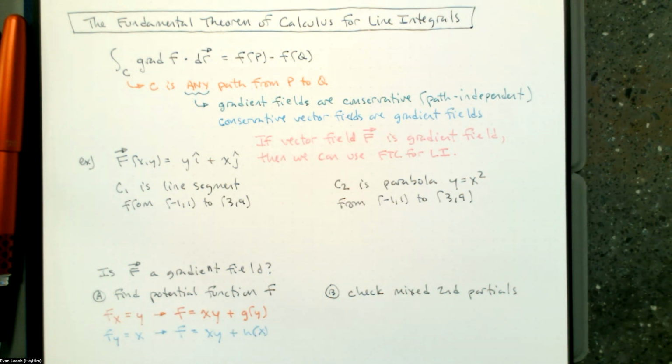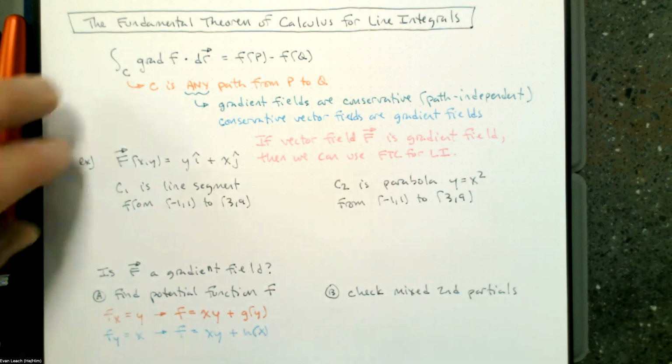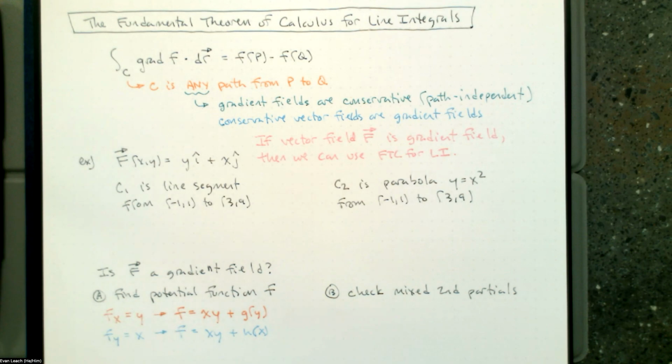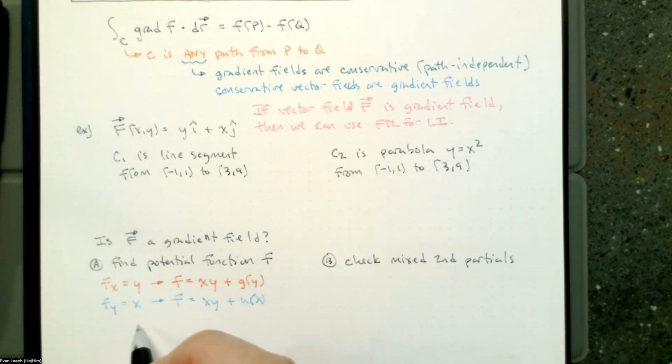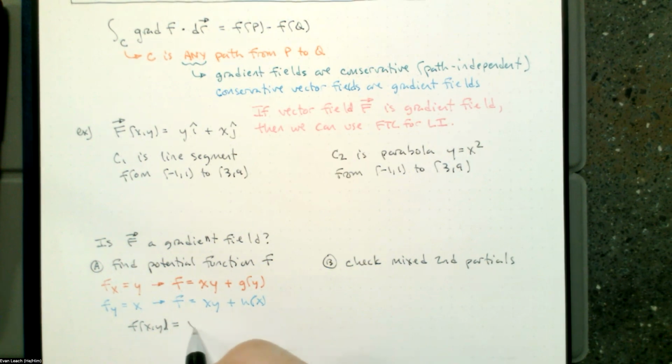Remember, we're doing partial derivatives, so functions of the other variable will just be constants. So it looks like our potential function is xy.